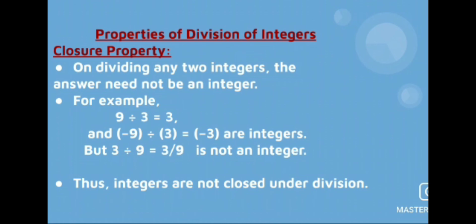When we reduce it to lowest form, we get 1 by 3. Actually, that is not an integer, that is a fraction number. So, integers are not closed under division. If you get a positive integer or 0 or a negative integer, then only that property will be satisfied. But here we are getting a fraction number, that's why this property is not satisfied under division.